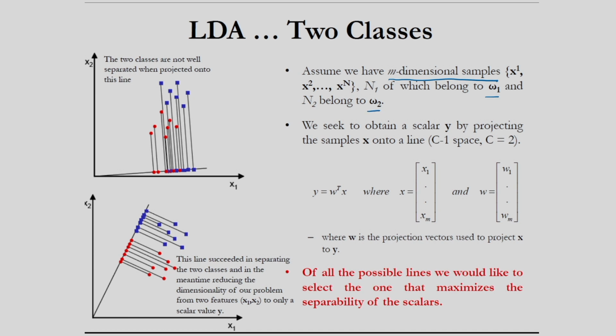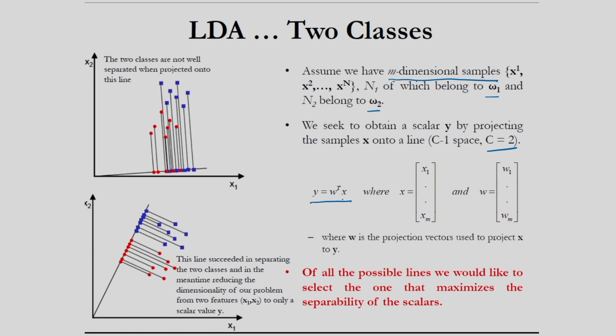And we seek to obtain a scalar y by projecting the samples x onto a line. In this case C is equal to 2, so C minus 1 is 2 minus 1, which is 1. So the dimension is reduced to 1.